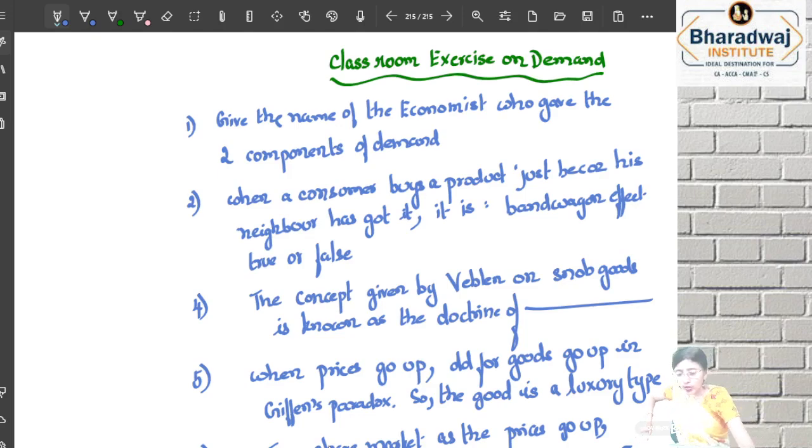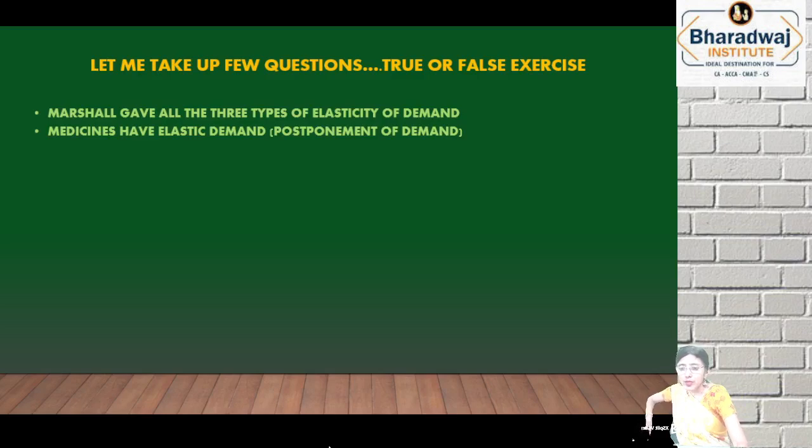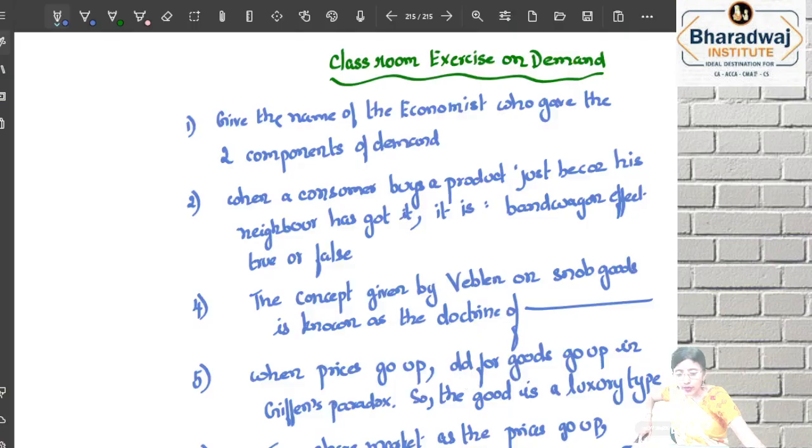Now you go through the material for 3 minutes. Okay, why am I doing this? Go through the material for 3 minutes.